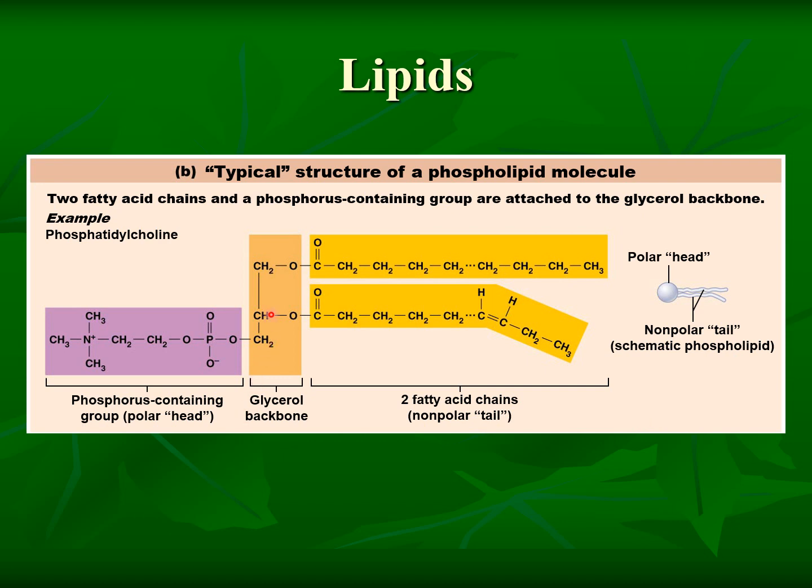So once again, you have that glycerol and you have your fatty acid chains over here, and then you have a phosphorus group over here. So this phosphorus group is the head. That's what mixes with water. But the tail is hydrophobic. That's the fatty acids that do not want to mix with the water at all. Notice right here you have a double bond.